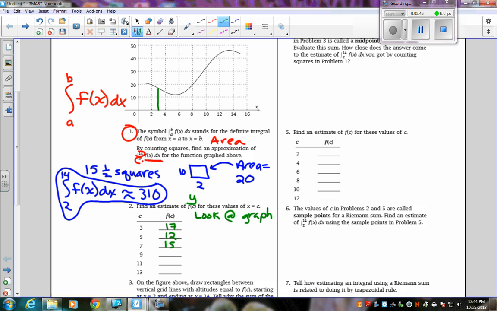At 9, I probably underestimated this one, I would say 26. At 11, 39, it's not quite at 40, I don't think. And at 13, I'm going to estimate 46.